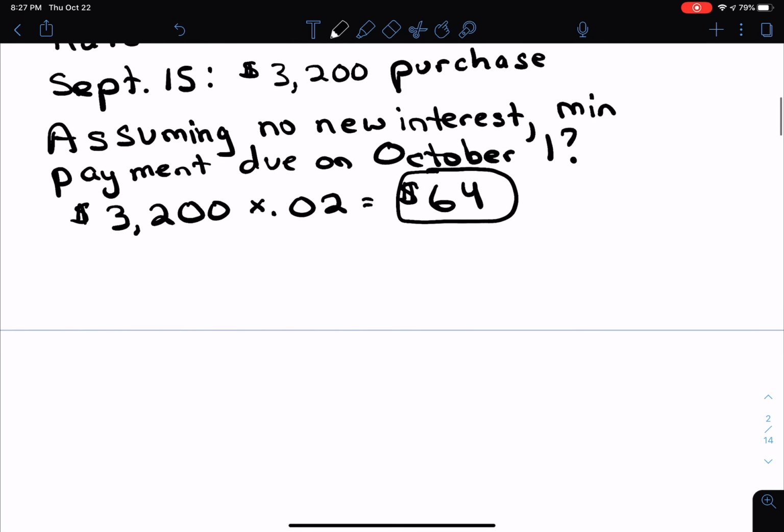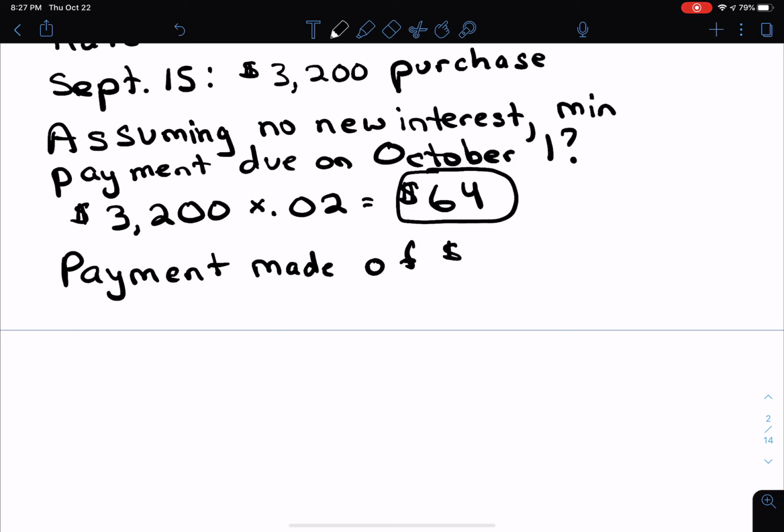All right, so on October 1st, a payment was made, but she paid a bigger payment than $64. A payment of $1,200 was made on October 1st. Assuming there are no additional charges, cash advances, etc., what is the minimum payment due November 1st?